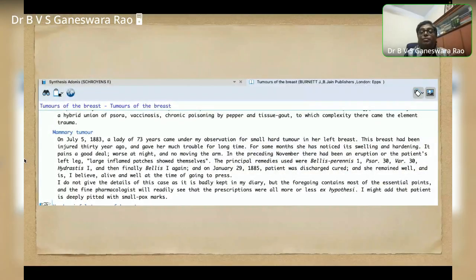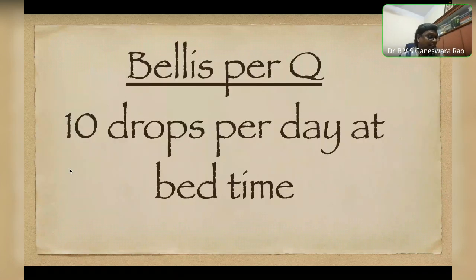If you go to Burnett's description about mammary tumors in Bellis perennis, large inflamed patches show themselves, right? So here the question comes of which potency to prescribe. Bellis perennis mother tincture, because in these cases you can't give higher potencies.